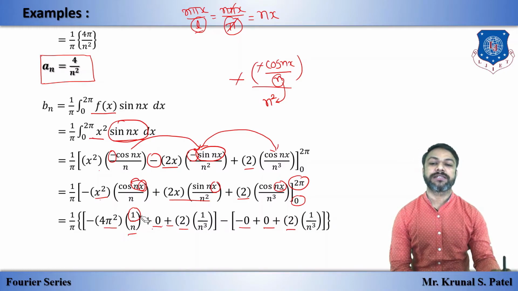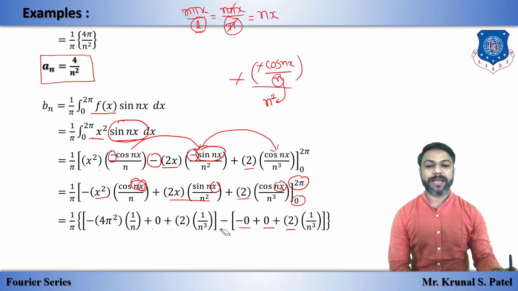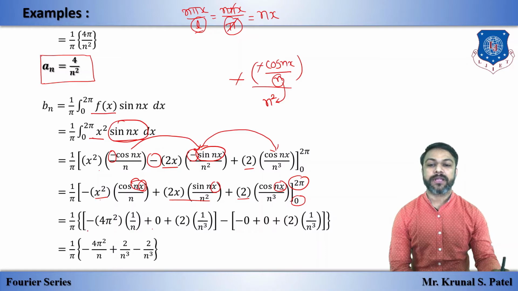Now just opening this box bracket, we get this step: curly bracket, minus 4 pi square by n plus 2 by n cube. And if we open this bracket, minus multiplies with each and every term, but this is 0, so no need to check. Just minus multiplied with this plus gives minus, and minus 2 into 1 is 2 by n cube.